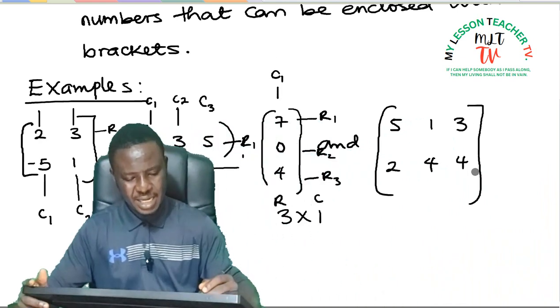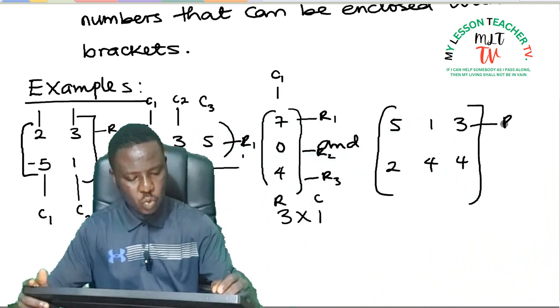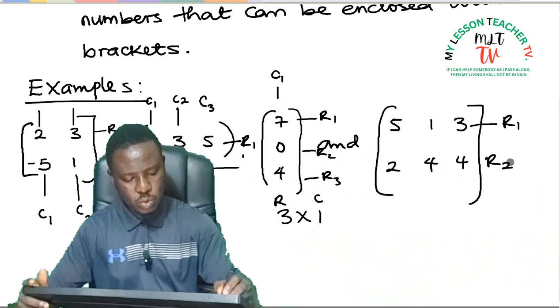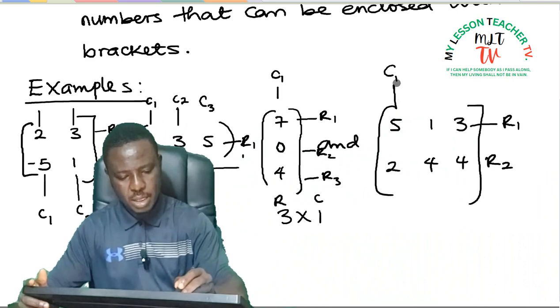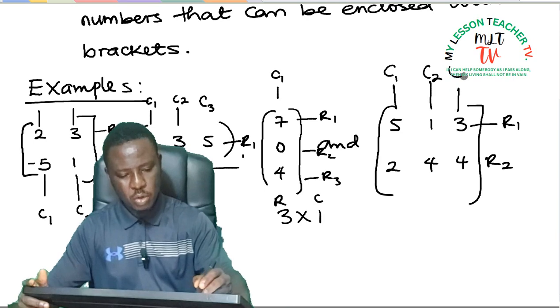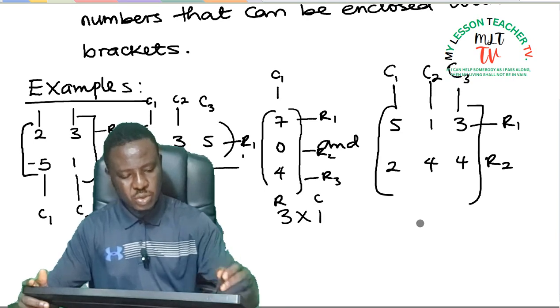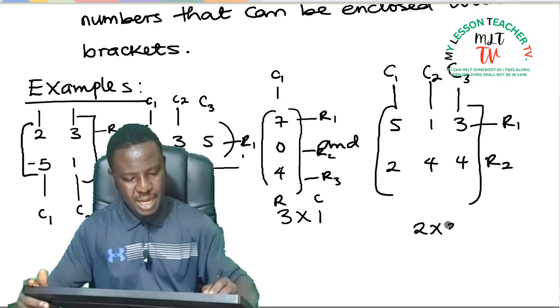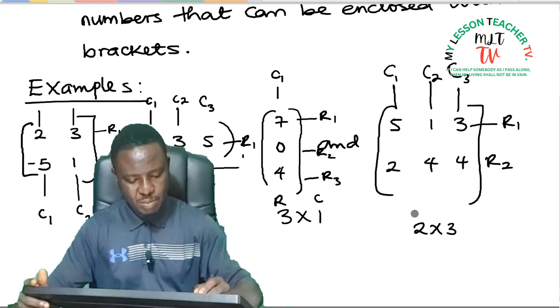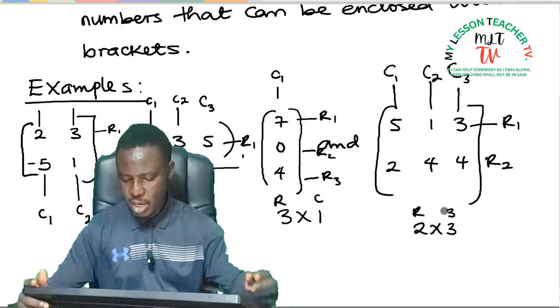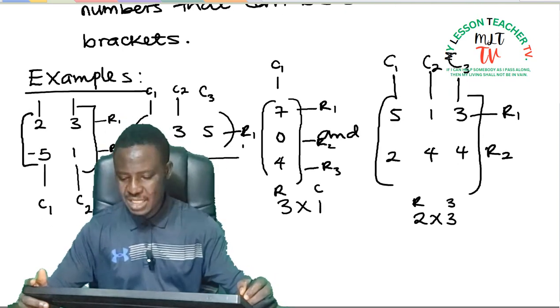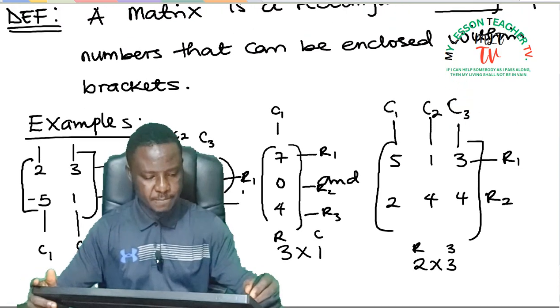While for this, this is row 1, this is row 2, this is column 1, I'll call it C1, column 2, C2, and column 3 as C3. So this is said to be a 2 by 3 matrix because it contains 2 rows and 3 columns. So these are examples of matrices.